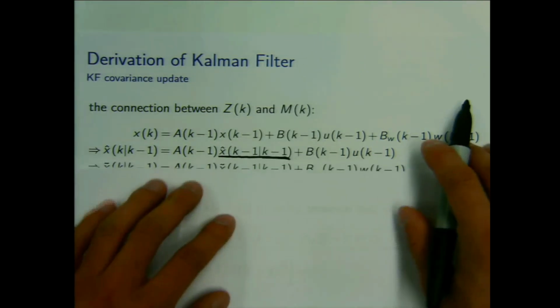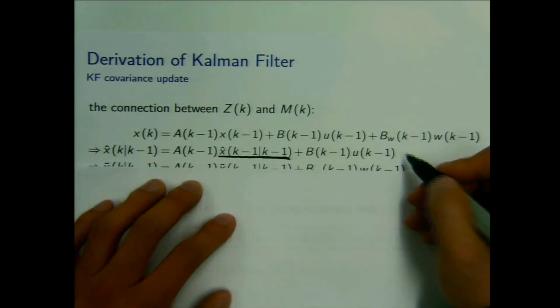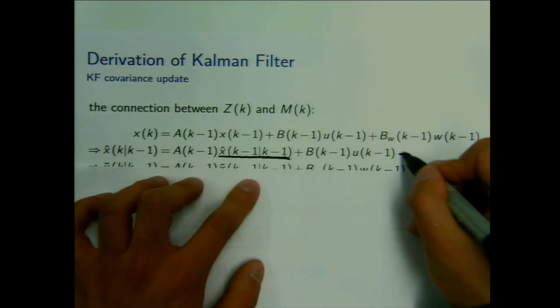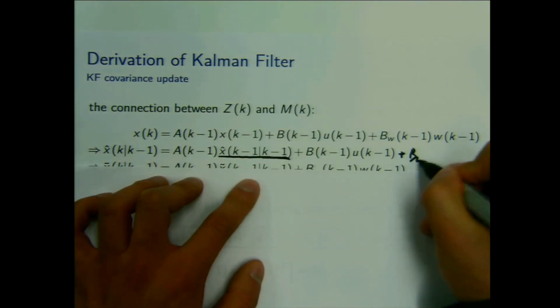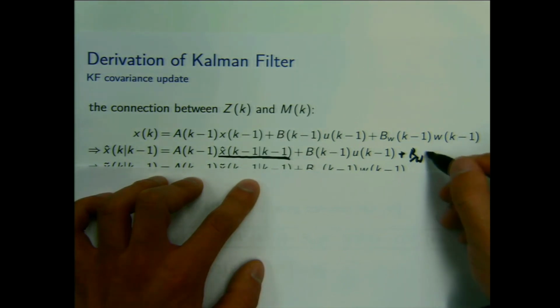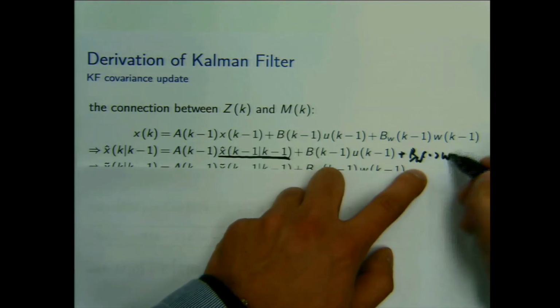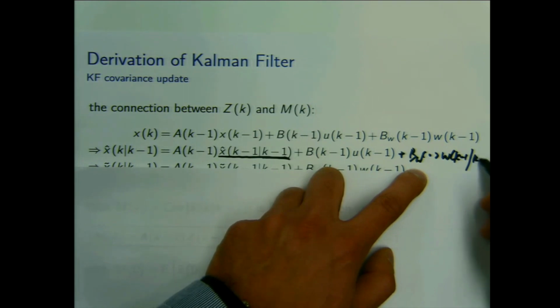But I don't know anything about this; if I write it completely, I should say plus B w k minus 1, but I don't have space for k minus 1, so I will write it like this. The complete expression should be k minus 1 given k minus 1.